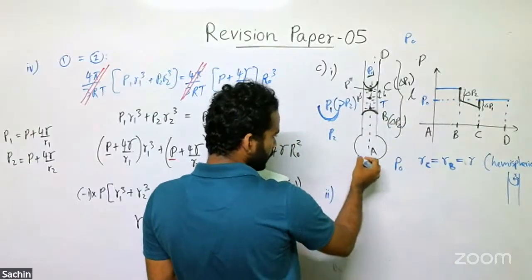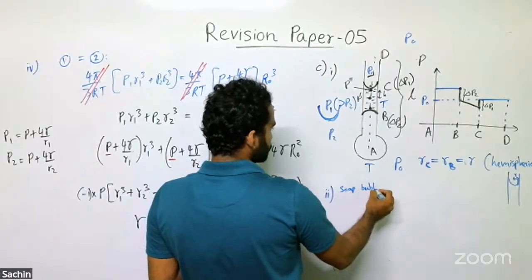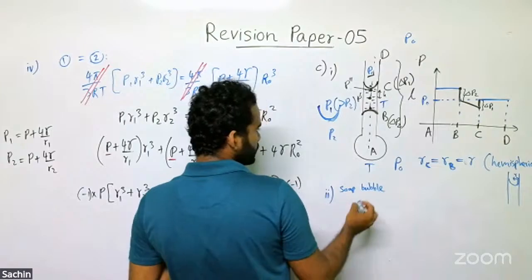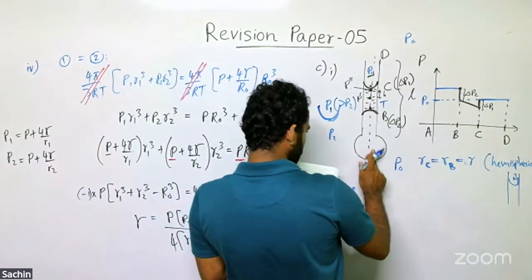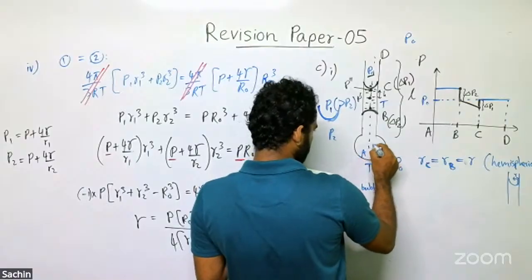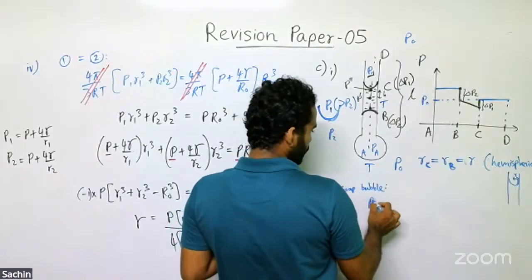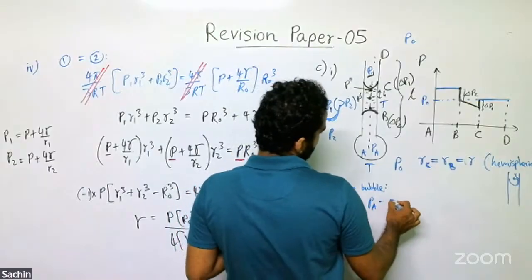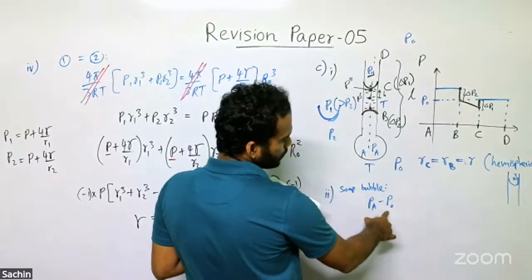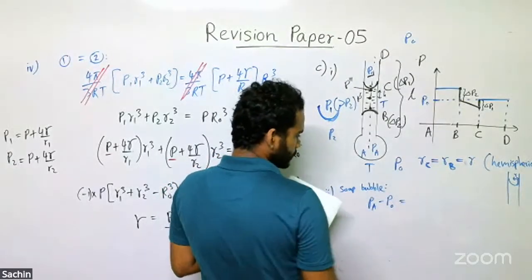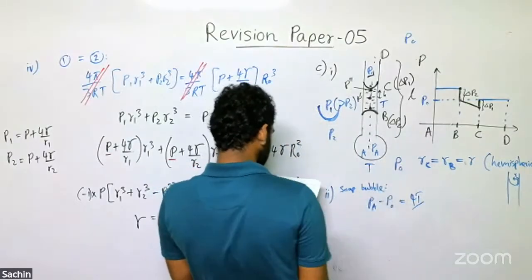Okay, first I'm writing the equation for the soap bubble. Let's say I'm going to take the pressure here as P_A. So P_A minus, outside, that is the atmospheric pressure, is equal to 4T over the radius of the bubble.